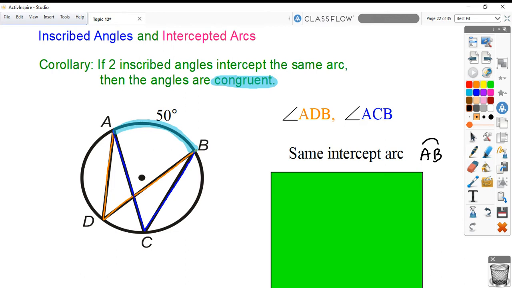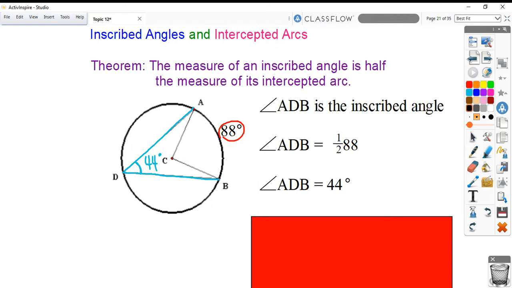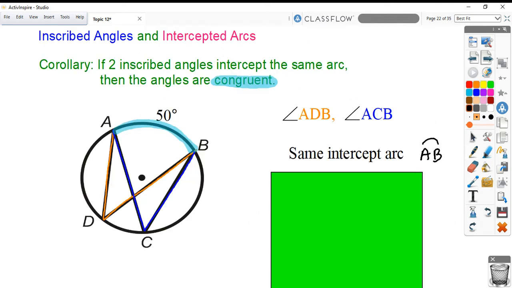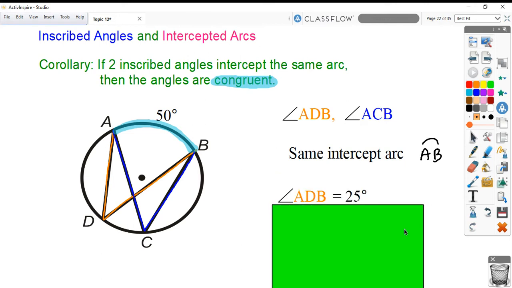And so according to that theorem that we just wrote down, the angle should be half the measure of that arc. So if you ignore the blue angle for a second and you're just looking at the orange one, you would think, well, that angle ADB should be half of 50 degrees, so it would be 25. And you would be correct.